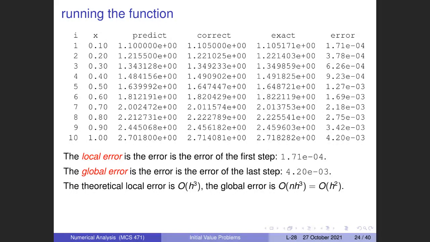Euler's method is a good method to bootstrap us up to a better value. The local error of the method is 10 to the power minus 4. The global error is 10 times larger. So here again we have the relationship between the local and the global error.